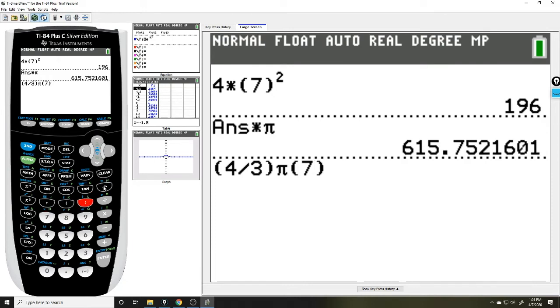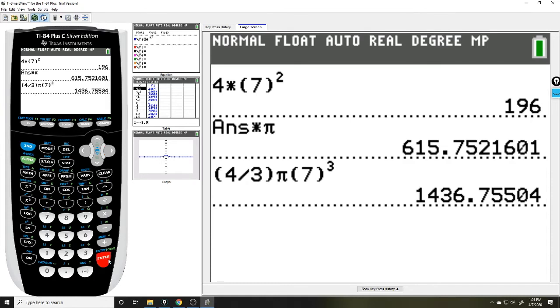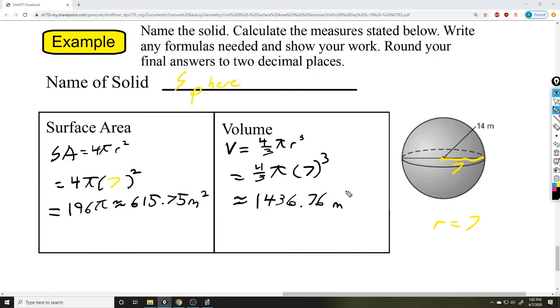So I need to use the little caret here to raise it to a power of 3. And that gives us 1436.76. That's our rounded answer, and not in terms of pi. Meters cubed. Meters cubed because it's a volume.